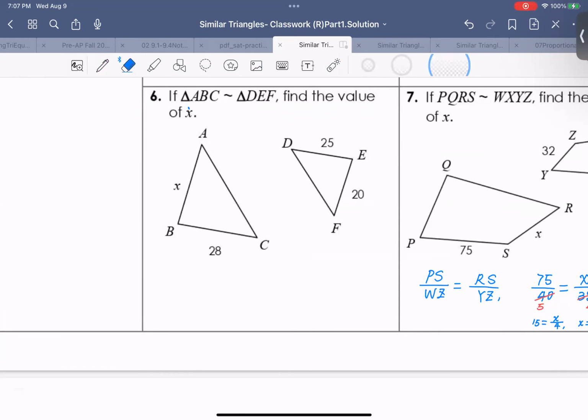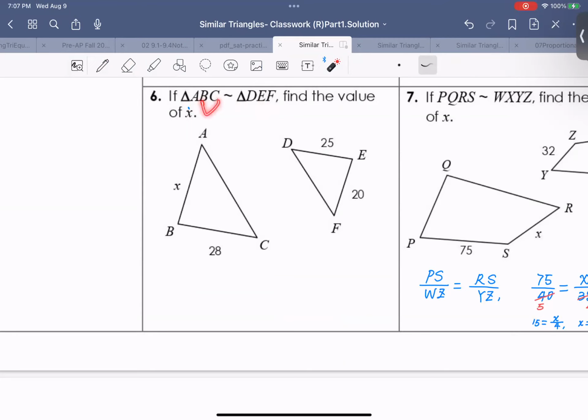Let's call Jeffrey. Based on these two similar triangles, let's write down the ratio, please. BC and DE are similar. So you say BC corresponds to EF.